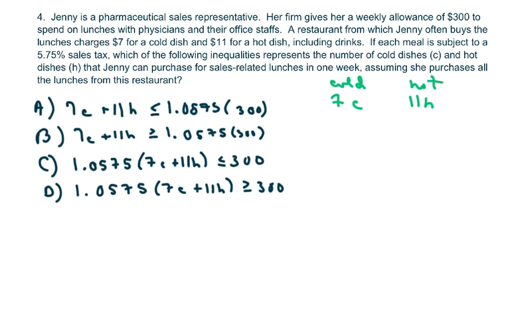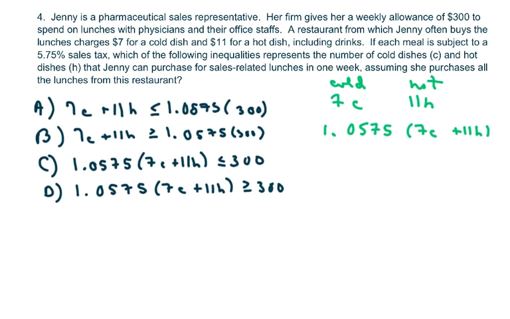All right. The sales tax is 5.75%. So basically, it's going to be 1.0575 times 7C plus 11H.